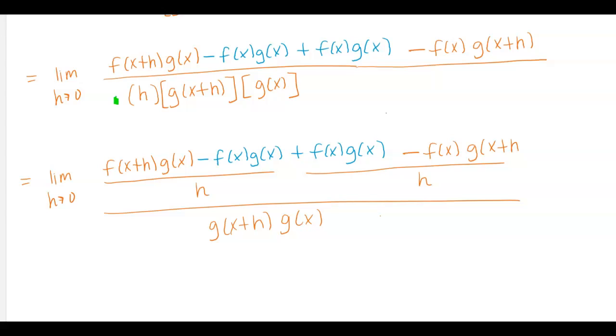What I did is I just took this and wrote it differently. I put the h here under these and split this into two separate fractions. And then I kept the g of x plus h times the g of x down in a second denominator. I'm just changing the way that we're looking at the division.